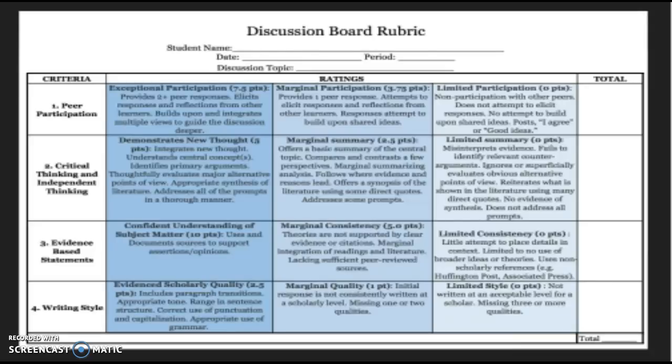This last bit is just kind of going over what the rubric says. I'm only going to emphasize the dark blue portion that you see on your screen, mainly because that's the goal today, or that's a goal for any discussion board moving forward. You're graded on 4 different aspects. And now the rubric will change slightly based on what the discussion thread is.